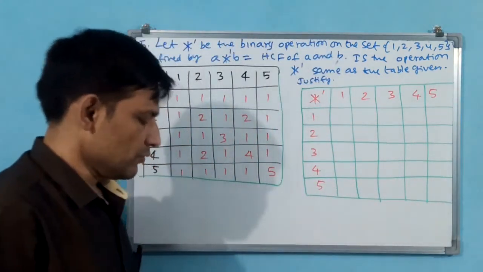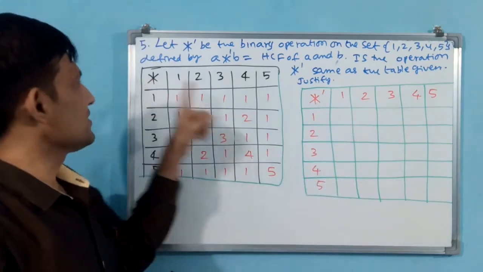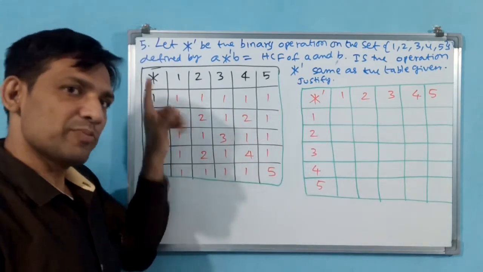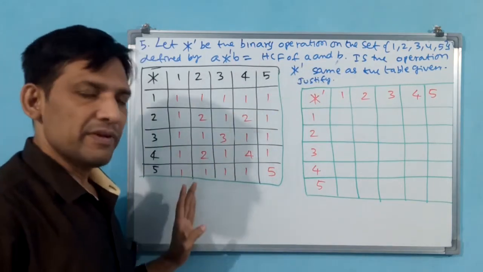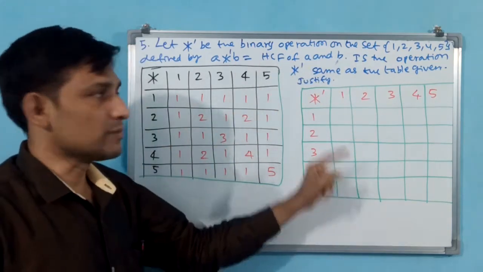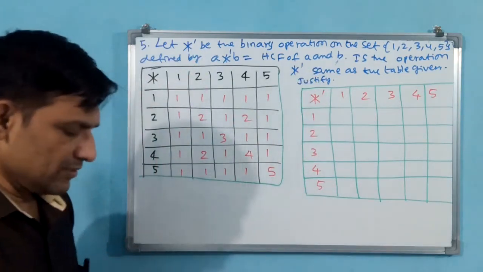Now you see, in the first table we have written star, here star dash is there. This is the last problem's table, and even if he asks us to give this table, we again draw another table. Why? Because we have to draw the table for star dash. What is star dash? Star dash is HCF.